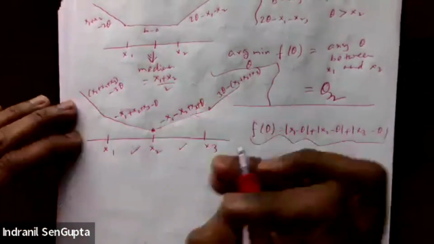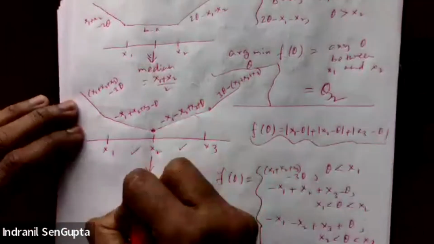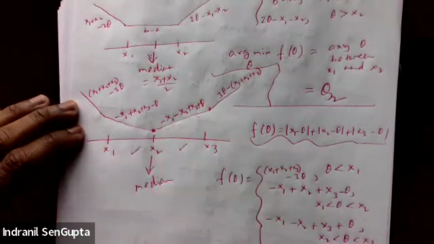And you see the minimum appears here. This is the median because there are 3 points.